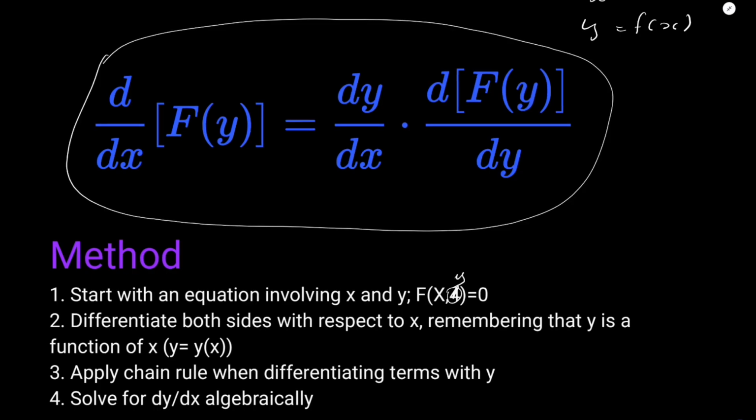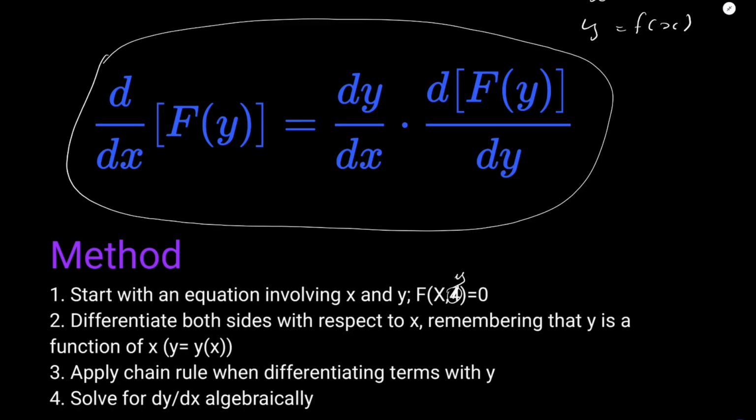First of all, I'm going to highlight some keynotes we always need to remember when working through implicit differentiation. What is the first keynote? Always differentiate every term with respect to x. In implicit differentiation, every term, that is both terms on the left hand side and the right hand side, are differentiated with respect to x.